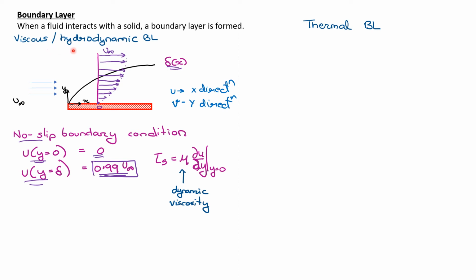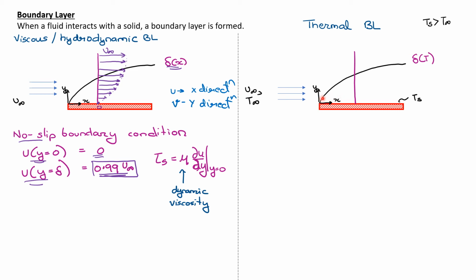Similar to the boundary layer concept in fluid mechanics, we also have a boundary layer in heat transfer, and it's called a thermal boundary layer. It's caused due to a temperature difference. Let's say we have a hot plate at a temperature Ts, so Ts is greater than T infinity. Now your free stream is still at u infinity, but it will have a temperature of T infinity.